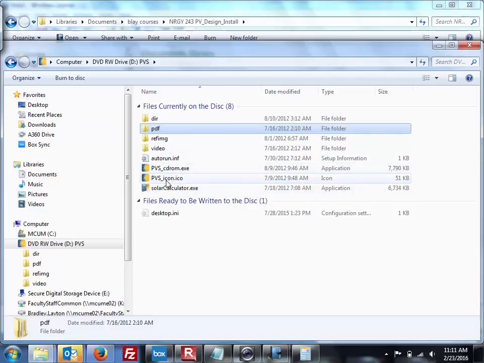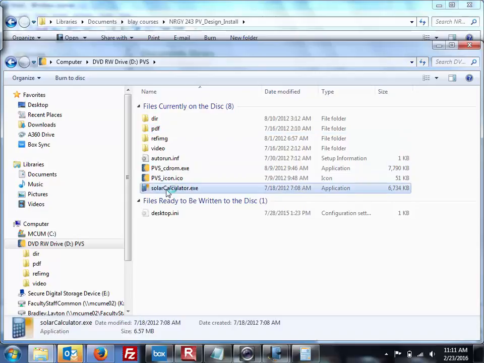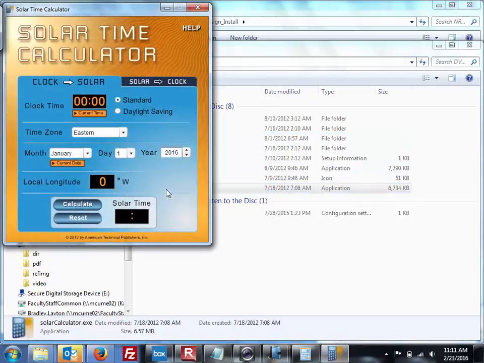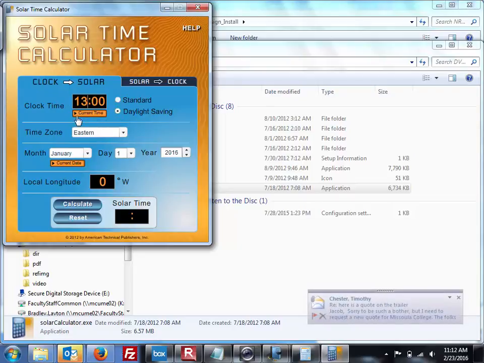PVS. Let's run one of these too. Solar calculator while we're at it. Clock time. Standard time. Let's do 1300. Let's do mountain.